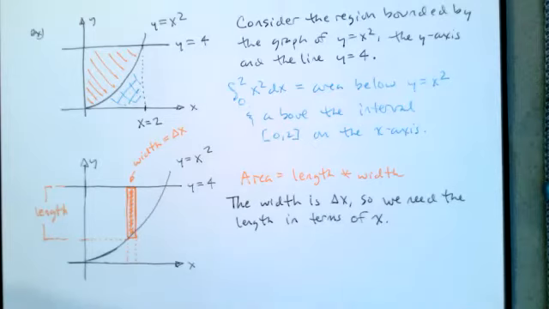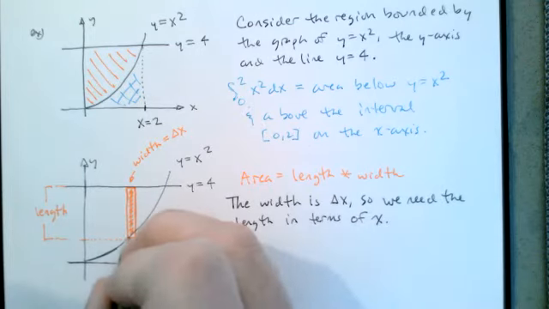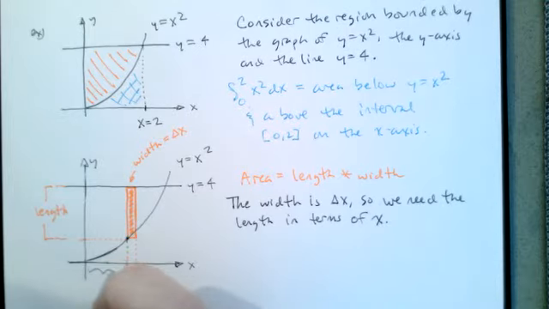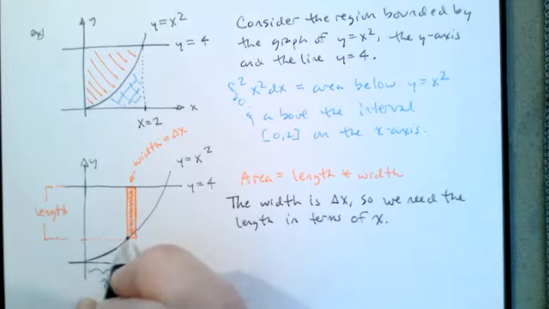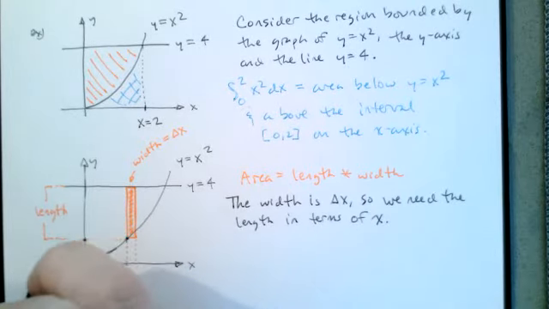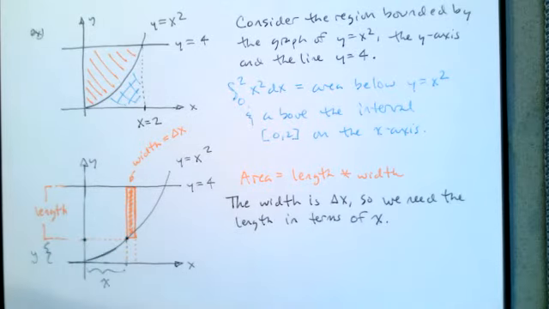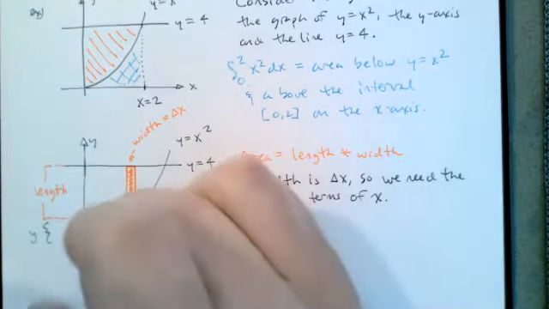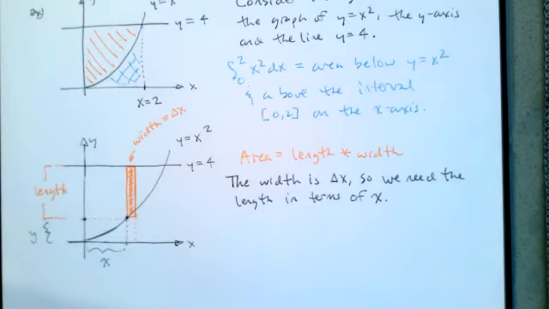The connection between the horizontal and the vertical is going to be the function y equals x squared. So at this, we want everything in terms of this x here. So here's x. And because we're on coordinates, this distance is y. So we can see that the length starts off at the function and goes up to y equals 4.